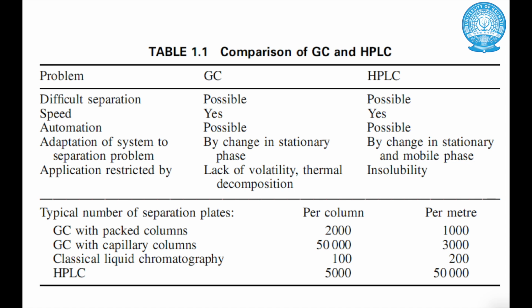Now we have discussed two important methods of separation as well as detection of compounds. One that we have seen so far is gas chromatography, and then the other one is HPLC. The gas chromatography is used, as I said, for separating volatile compounds, whereas HPLC is used for separating non-volatile or polar compounds.